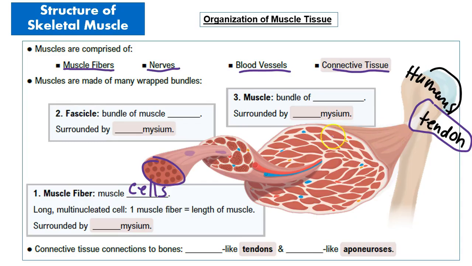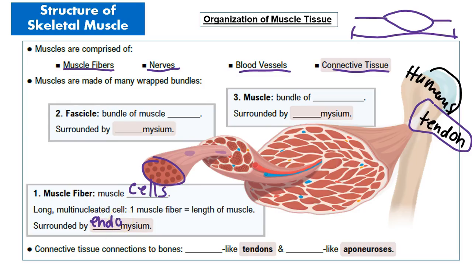So let's say this is our biceps brachii. The muscle fiber will be as long as the length of this entire muscle. I'm talking about biceps brachii because it does have this spindle shape, so the length of the fiber will be all the way to the end of that muscle. Same length. And this is surrounded by endomysium.